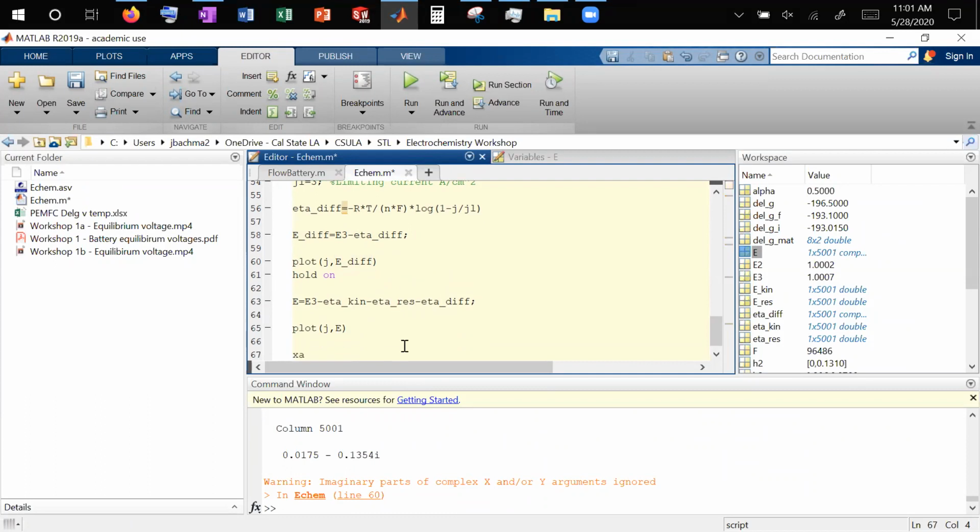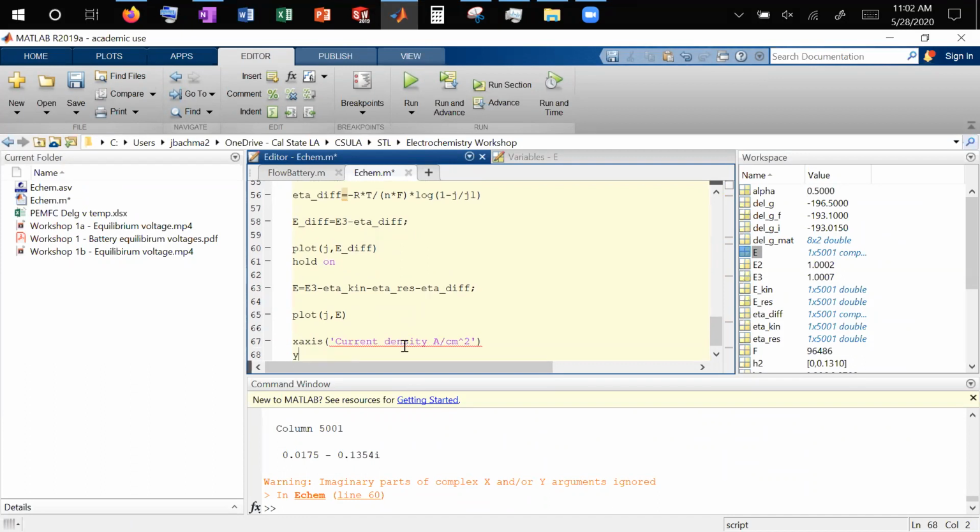Does anyone know, is it just like x-axis, and then you say current density? Forget the nomenclature. I think it's X label. X label, thank you. Y label is going to be our voltage.